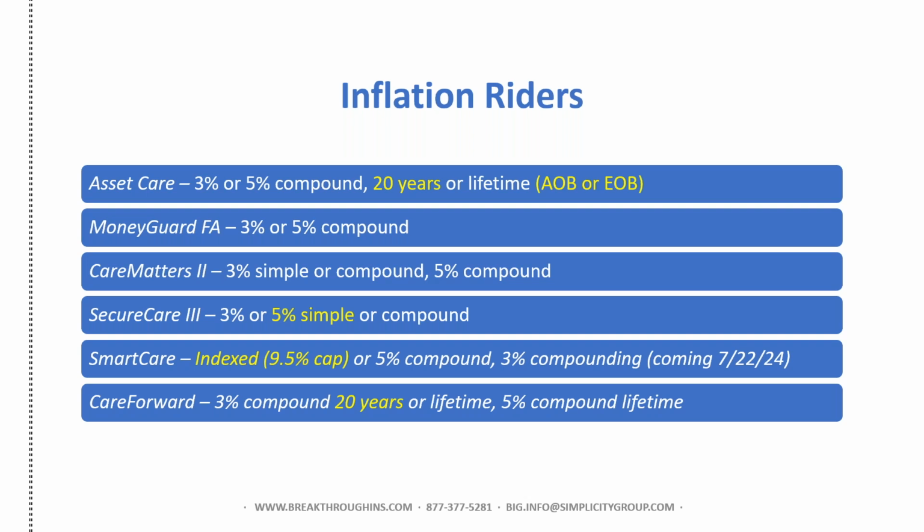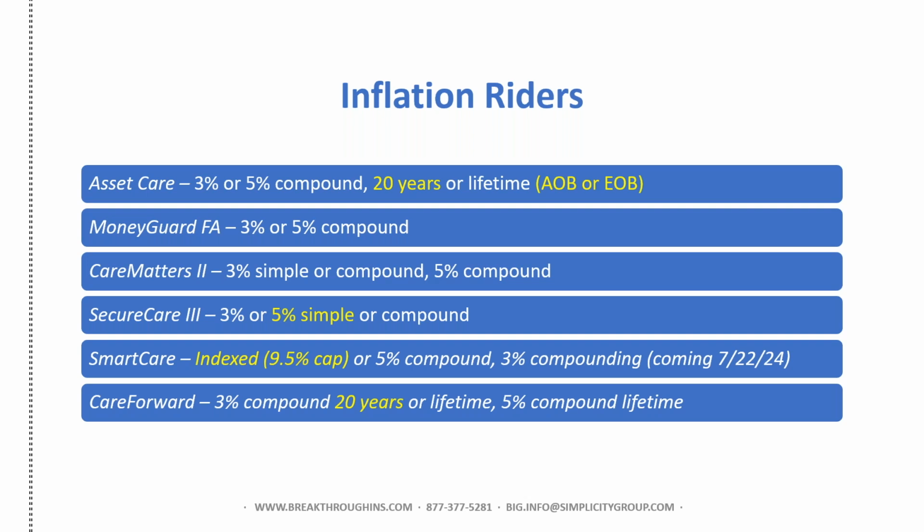So you can save a pretty significant amount of money by using 20 years instead of lifetime inflation. You save a lot for a reason, because in those later years, after 20, you see a pretty significant jump in that compounding. That's when the most money is made. So if you need to get the premium down, the 20-year inflation option is a way to do it.